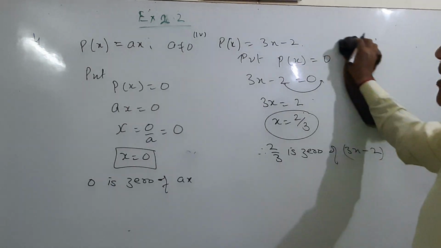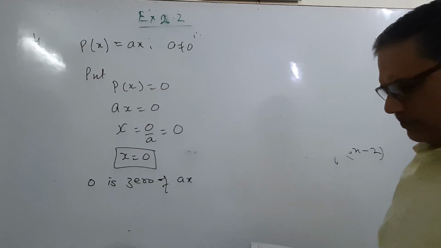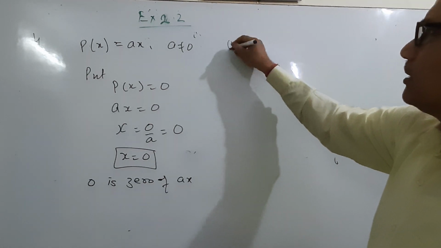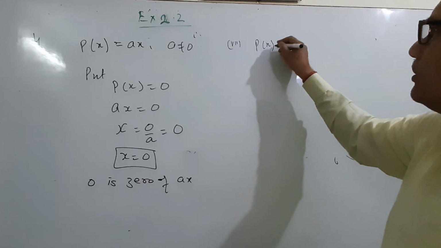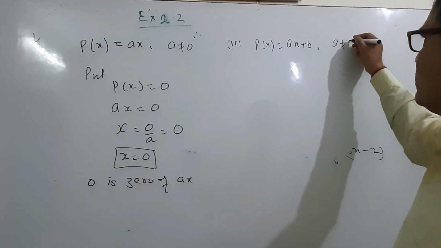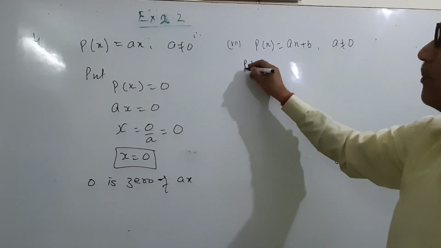Now the last part of this exercise: p(x) equal to ax plus b, a not equal to 0 again. So what is p(x)? Now what do I have to do?